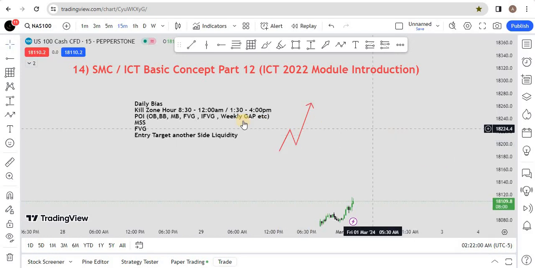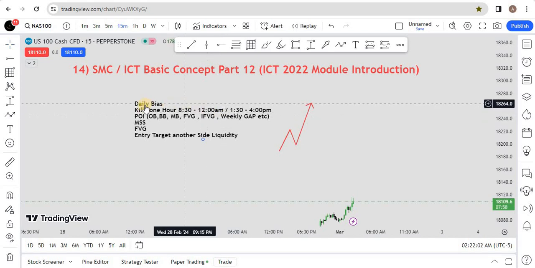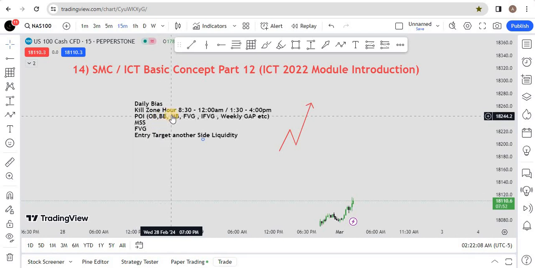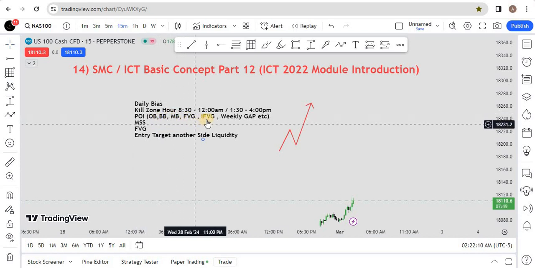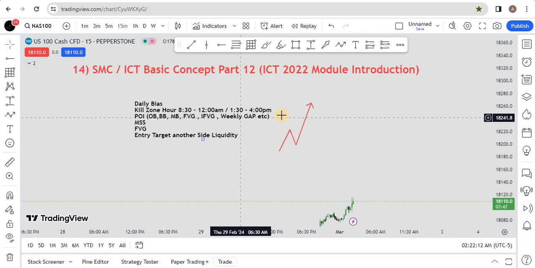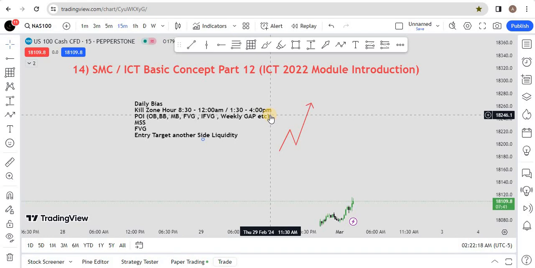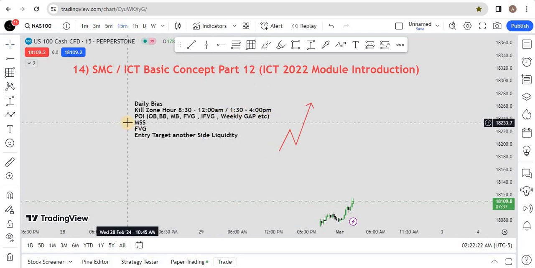We only take a trade once price taps on any sort of POI like an order block, breaker block, mitigation block, fair value gap, inversion fair value gap, weekly gap, etc. Once price taps on a POI or on any high time frame, then we wait for a change in the state of delivery, or you can call it a market structure shift.